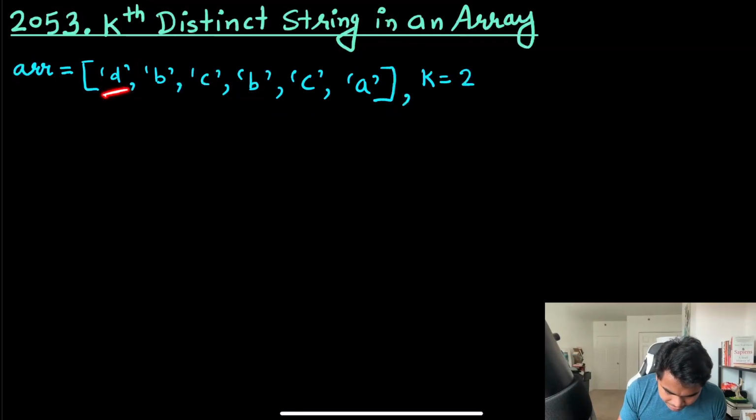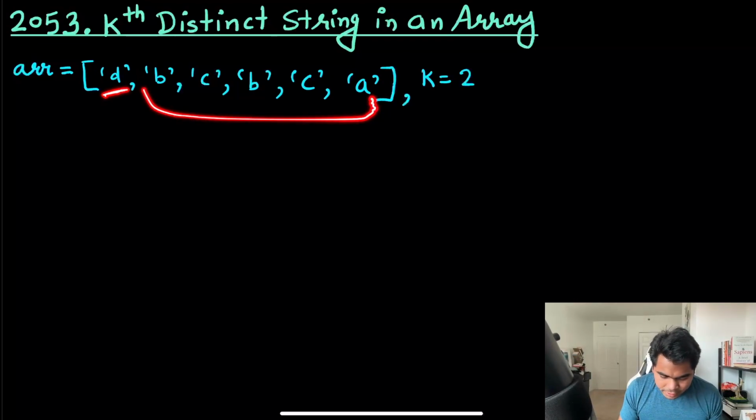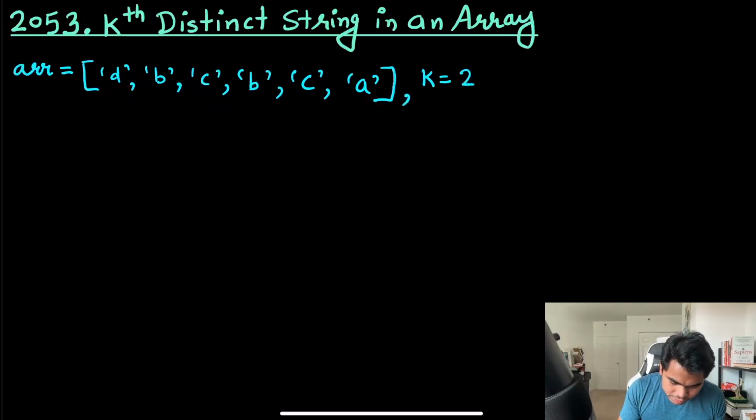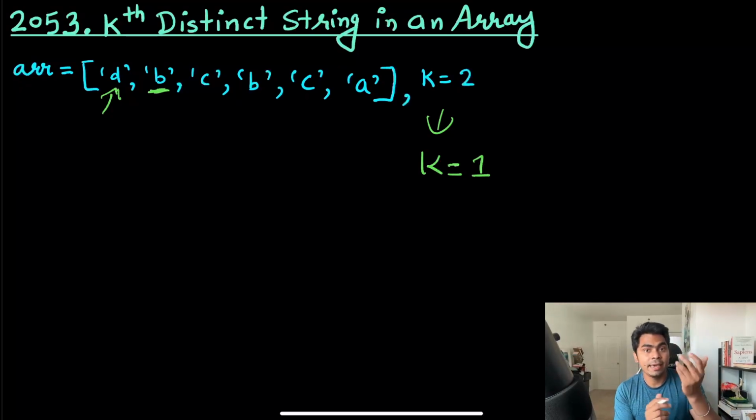D right here is just one copy, so it's not present in the remaining strings. So I will reduce k to k minus 1, so it becomes 1 now, because I've seen one distinct string, but I cannot return this. I'll go next because I need to return the second distinct string.